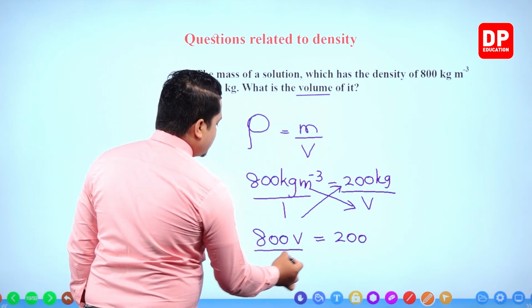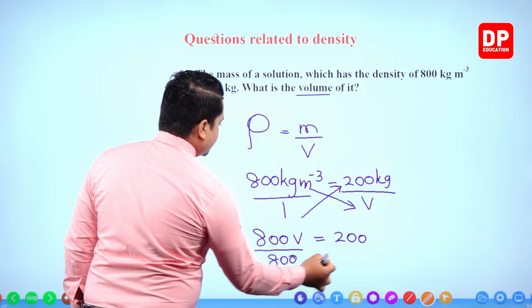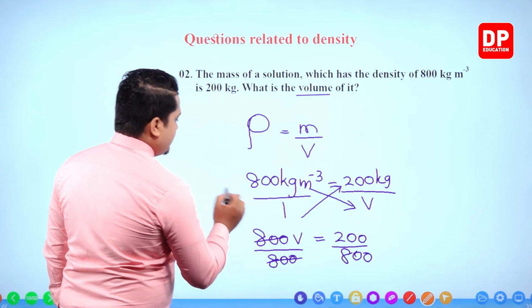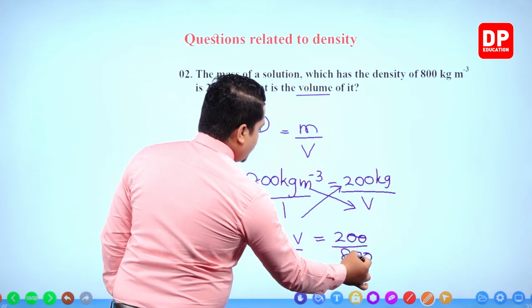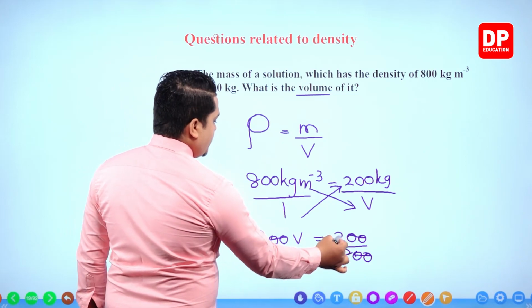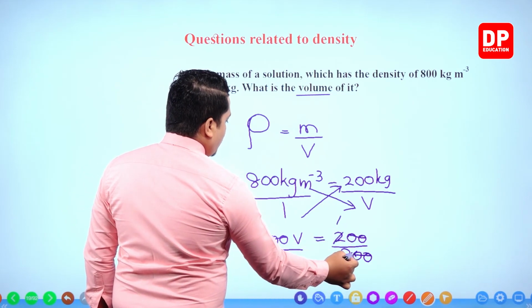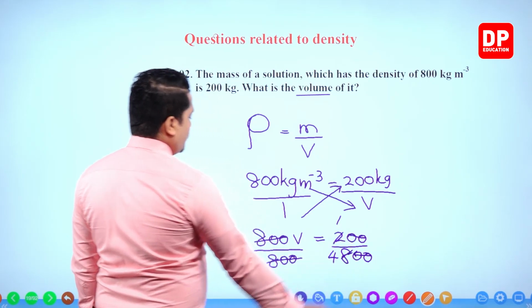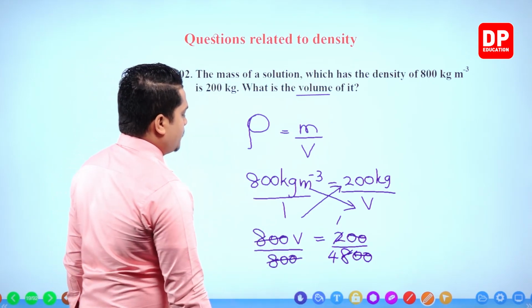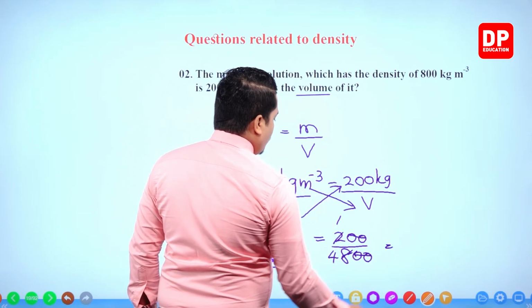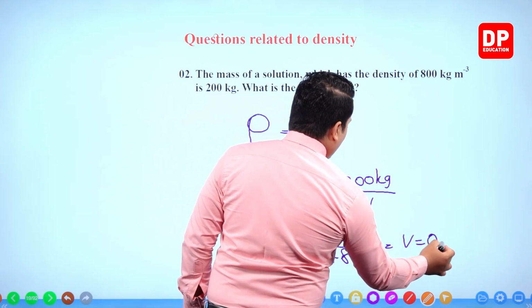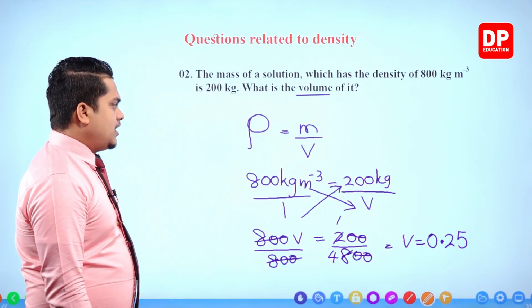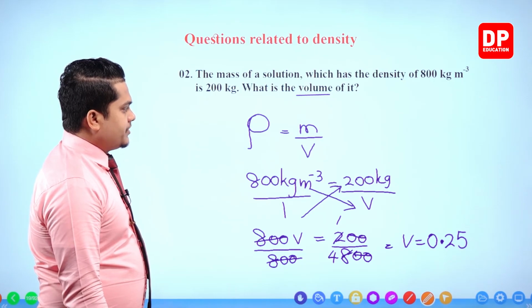Now divide both sides by 800. 800 to 800 is cancelled, zeros are cancelled. When you divide 1 by 4, it is equal to 0.25.